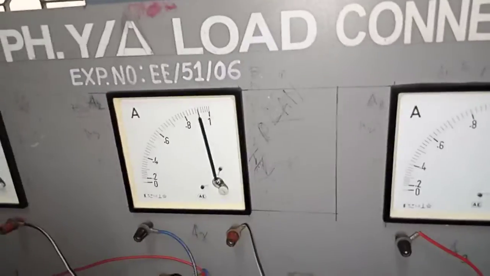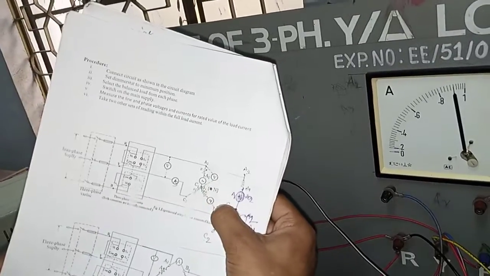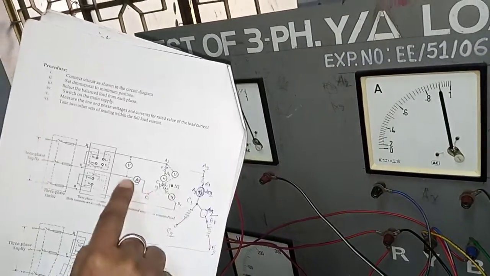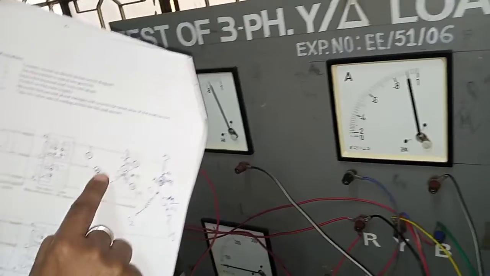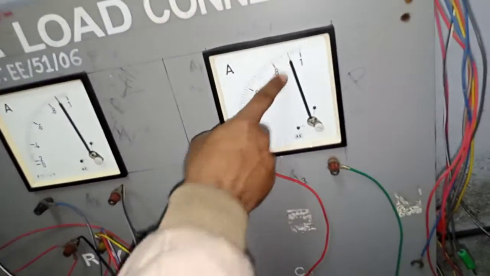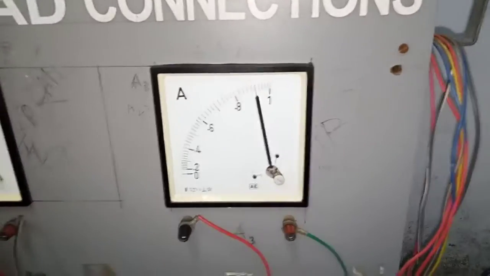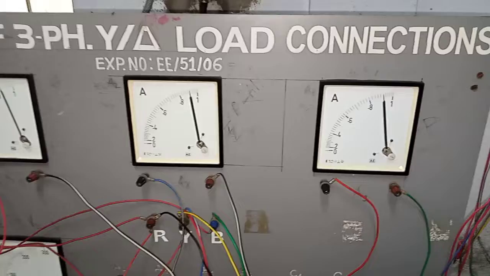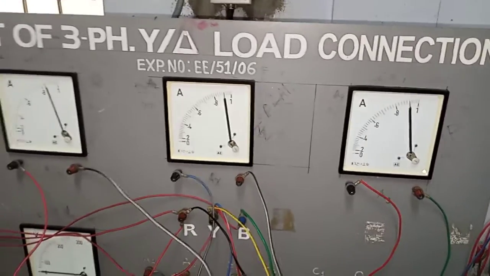But if we see A3 and A2, one is showing the phase current, another is showing the line current. You can see this is in the range of 0.9, this is also in the range of 0.9. So line current and phase current relationship is equal, that is established.